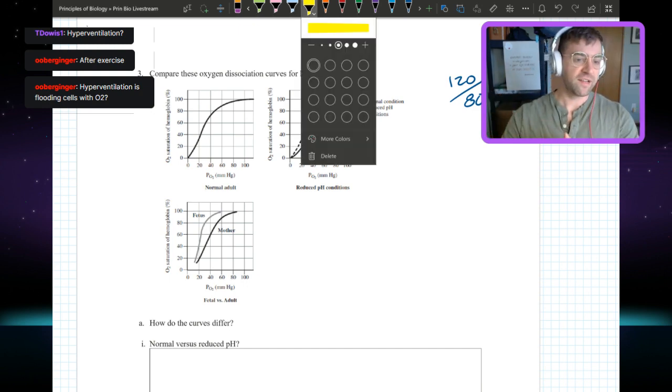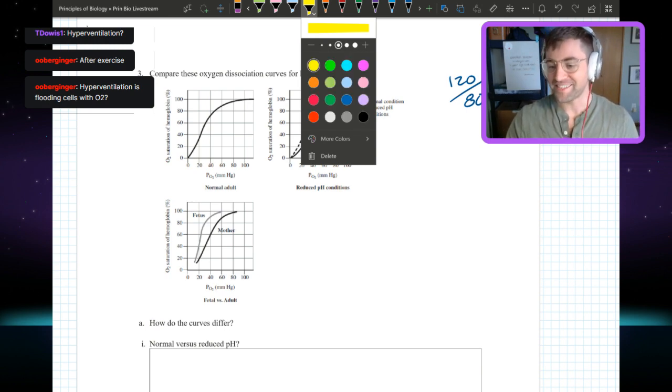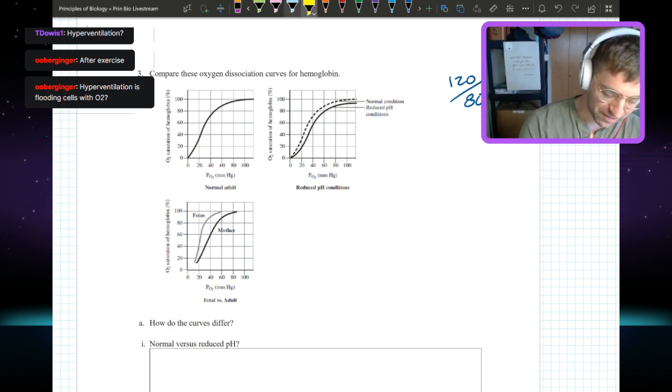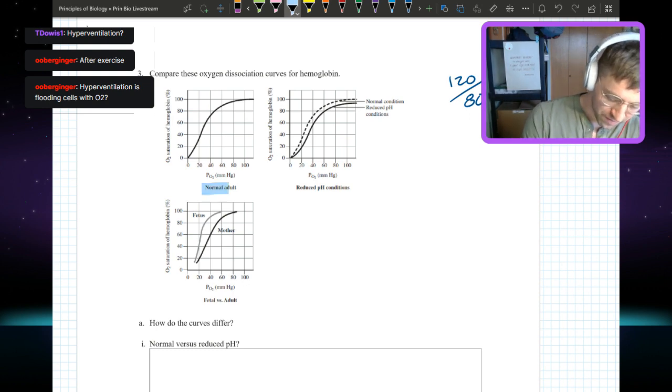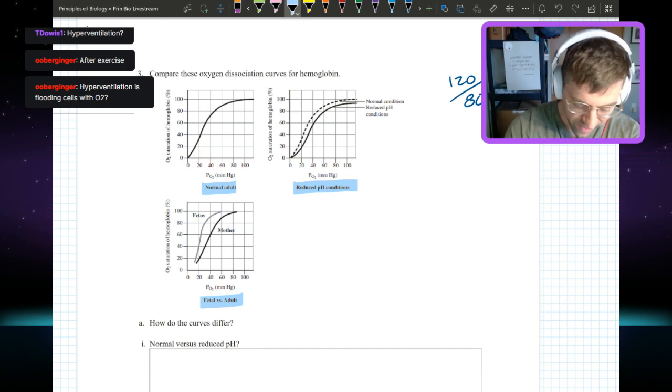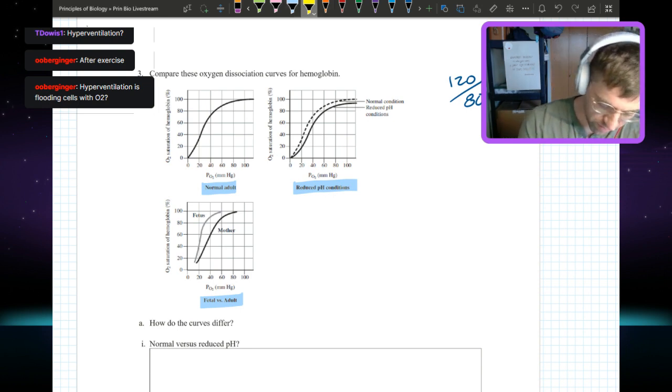This is maybe a good stopping point actually. A lot of folks, me included, have a hard time reading these charts sometimes, so it's good practice to orient yourself before you really dive into your analysis, right? So we have a couple of titles. I'm going to highlight these in blue. We have normal adult, reduced pH conditions, and fetal versus adult. We have our curves. We have our x-axis, which is uniform across them.